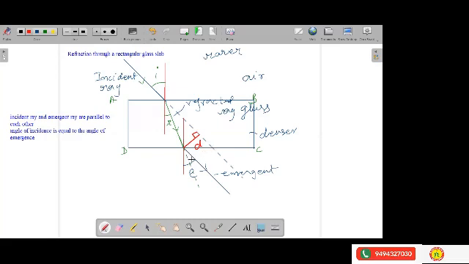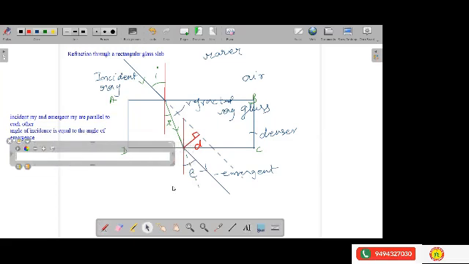Okay. The perpendicular distance between the incident ray and the emergent ray is called the lateral displacement. So what will be the lateral displacement? Let's write down lateral displacement.